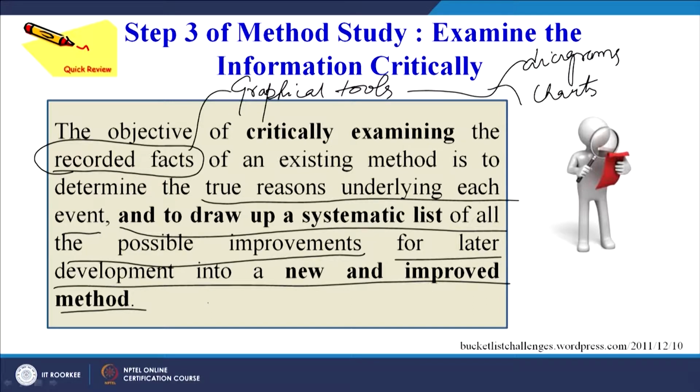There can be a number of improvements in one alternative or one better method, or there can be a number of better methods. For one method also there can be a number of improvements in the current technique, or the current method or sequence of operations being followed.